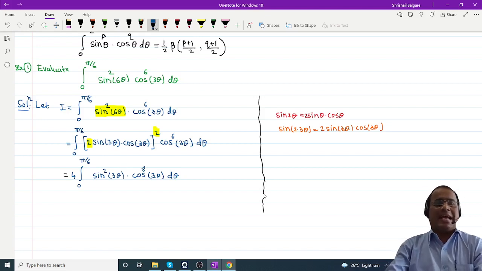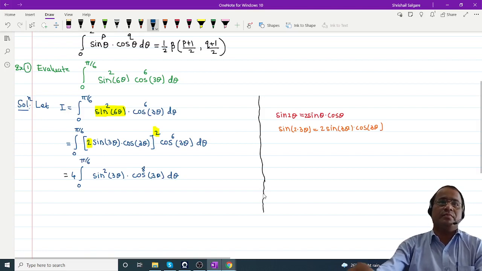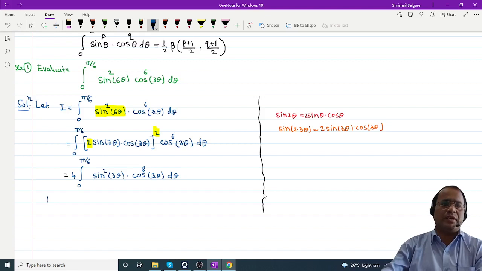Now can you guess the substitution? The substitution part I am writing to the right side. So put, what is your substitution? 3 theta equals alpha or beta, whatever.